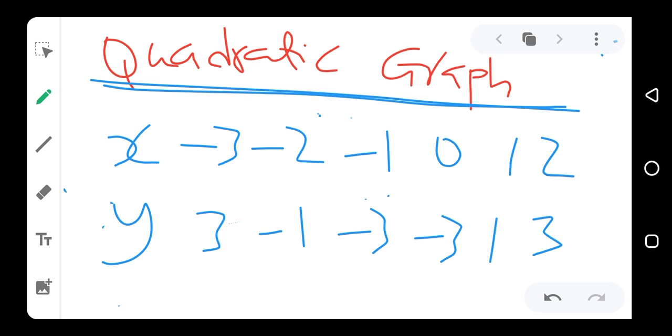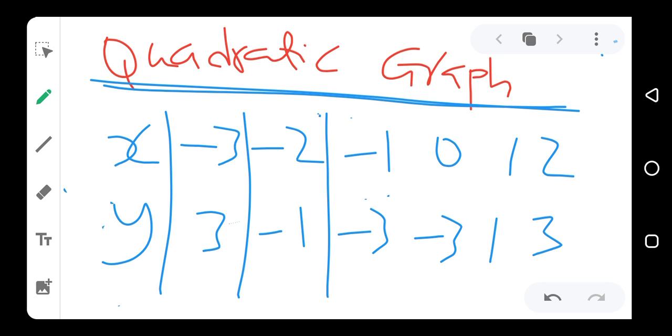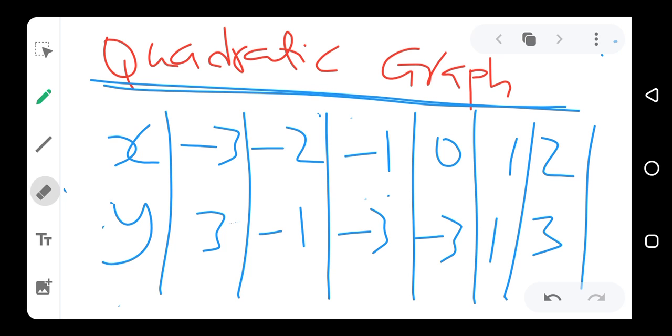Okay, these are the values for our x and our y. Now, how do we plot this graph?